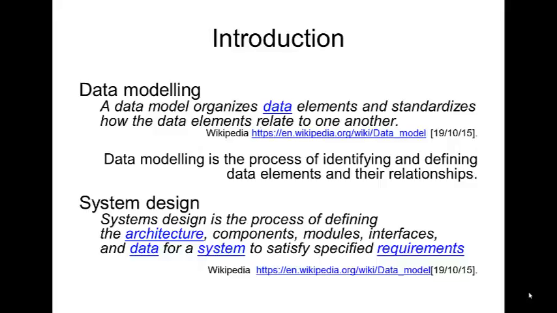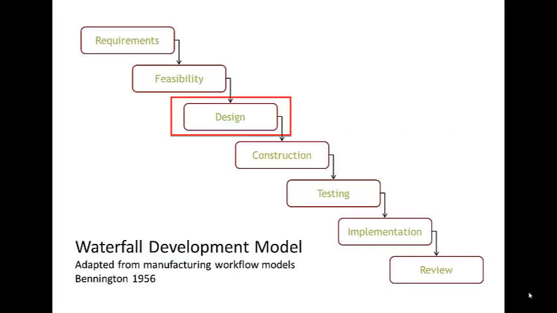Systems design is a more encompassing activity, which is the process of defining the architecture, components, modules, interfaces and data for a system that satisfy specified requirements. So data modelling is a subset, or is part, of overall systems design.